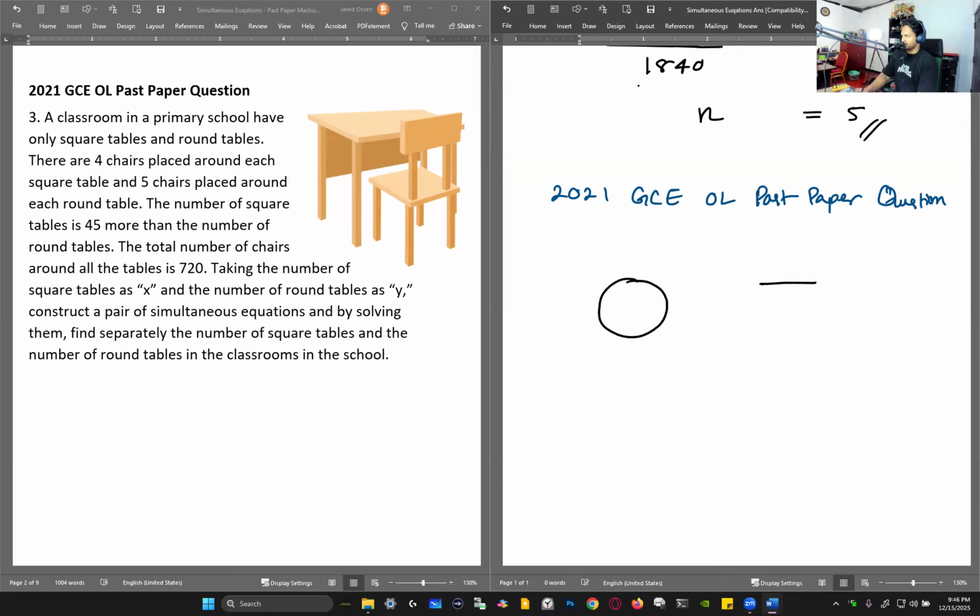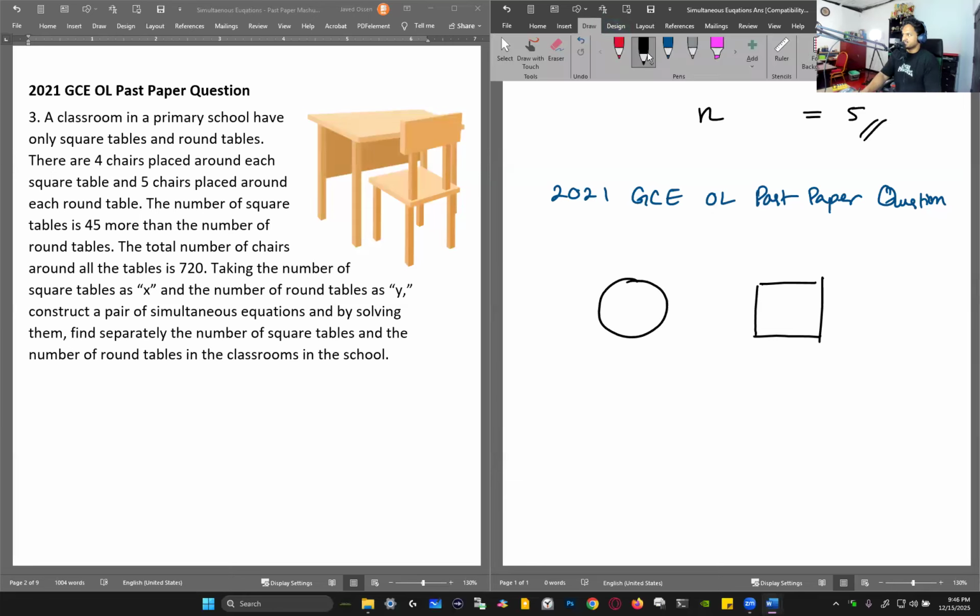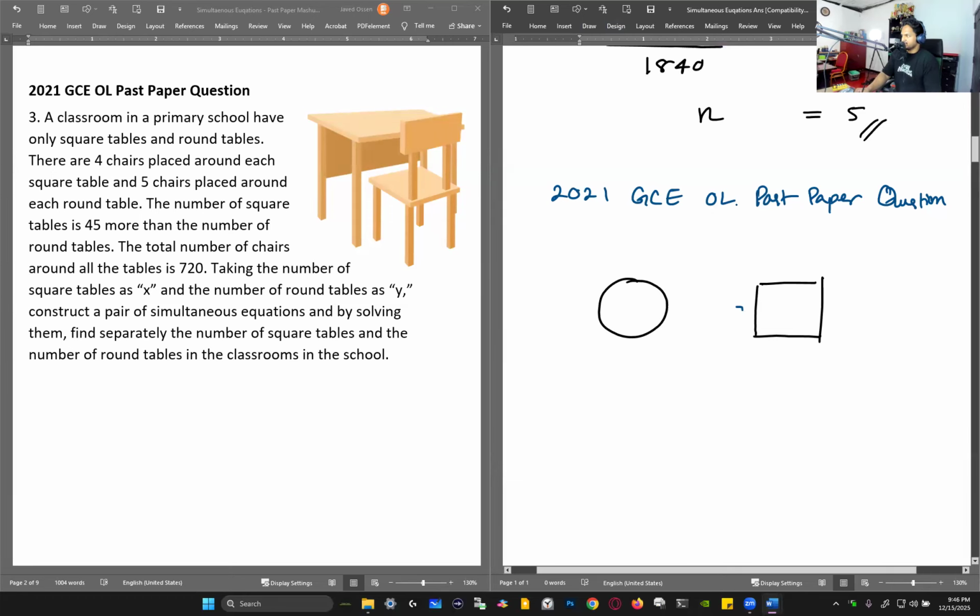Exactly, square-shaped tables. They say there are 4 chairs placed around a square table. How many chairs are placed around a round table, Miss Fatima? 5. Absolutely. So let's draw 5.